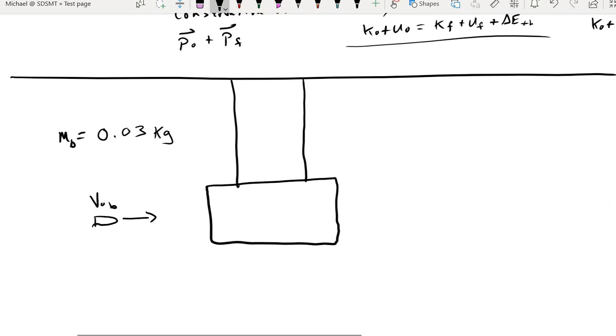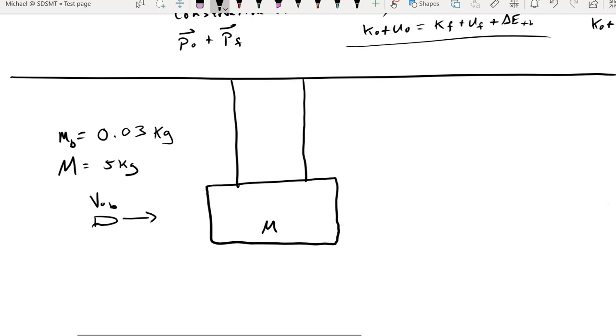You could just as easily go out and cut down a tree and then hang a log segment from the ceiling. And this log segment, we can also control what the mass of that log segment is going to be. So maybe this is 5 kilograms. And we hang that log segment from the ceiling.